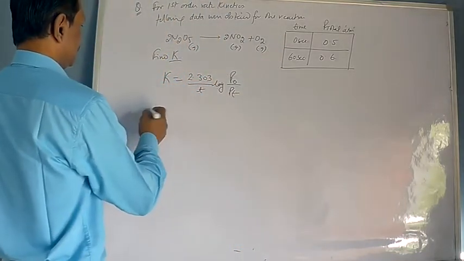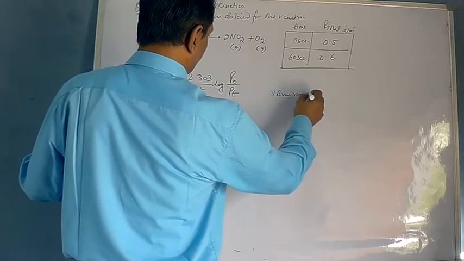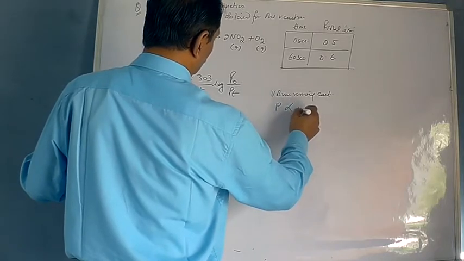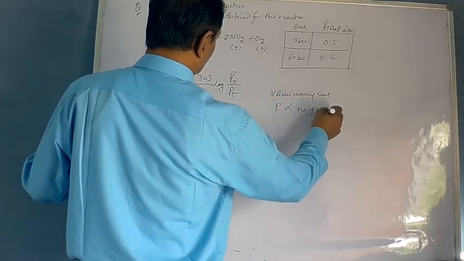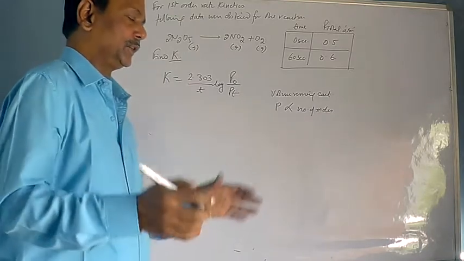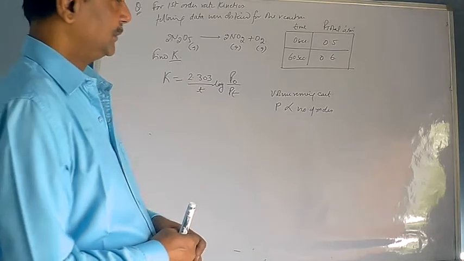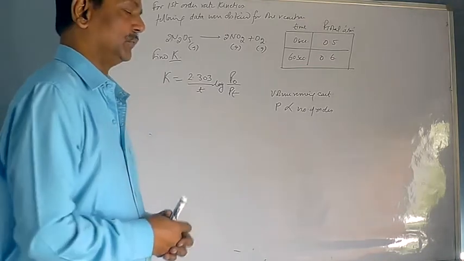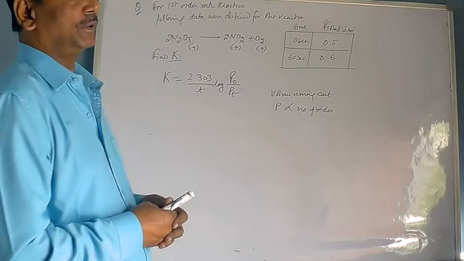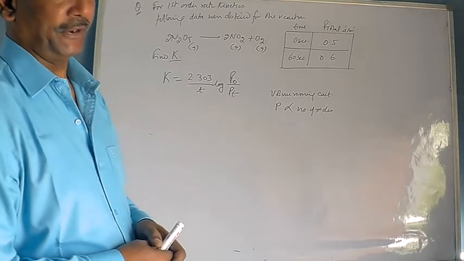See here. Class, we all know that, volume remaining constant, very important, pressure is directly proportional to number of moles. Let us take a room of capacity 22.4 liter. If the room has capacity 22.4 liter, the air inside the room will be 1 mole, and the pressure will correspond to 1 atm.